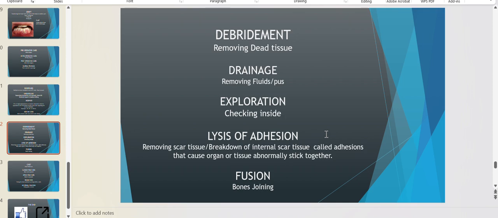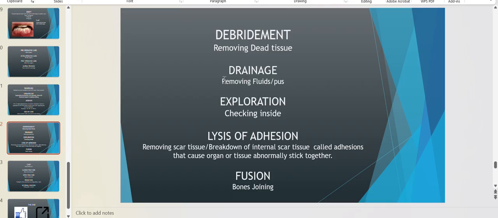Coming to next, debridement. Debridement means removing dead or necrotic tissue from the body. If there is a wound, removing that dead tissue is debridement. Removal of dead tissue is the medical term we should know. Next, drainage. Drainage means removing fluid or pus.